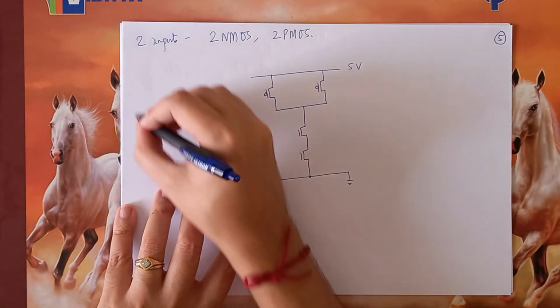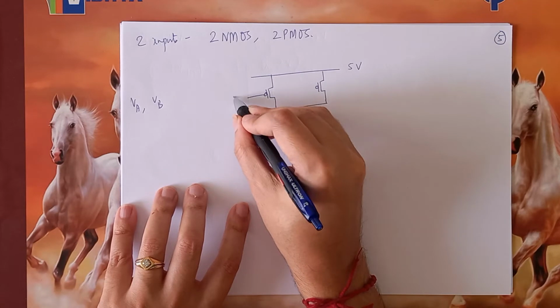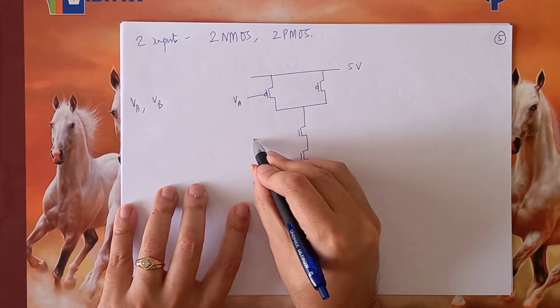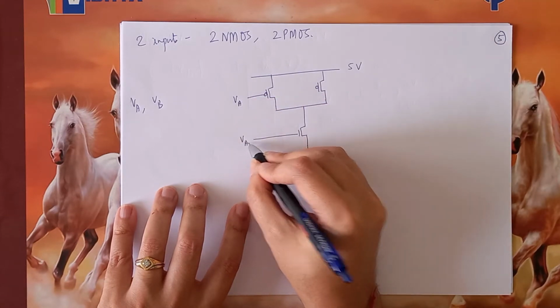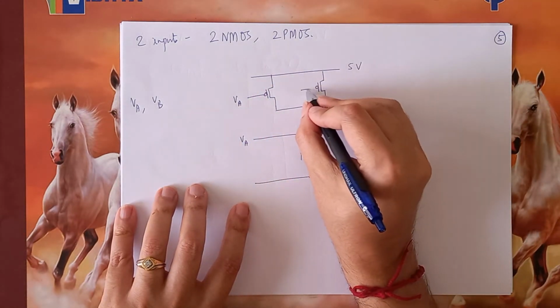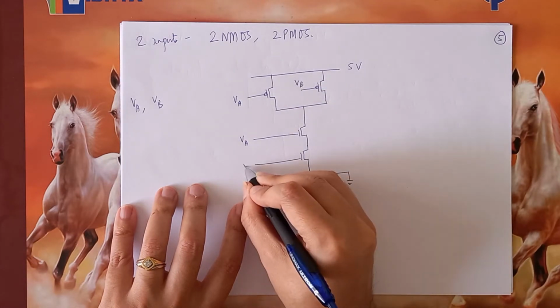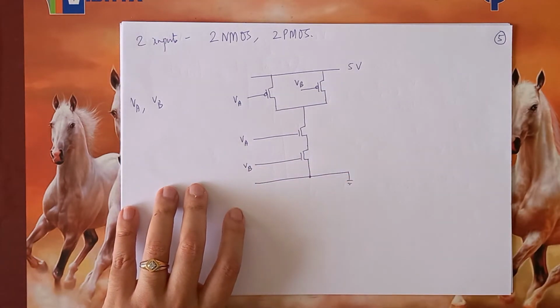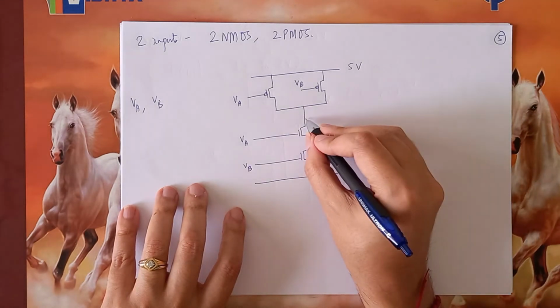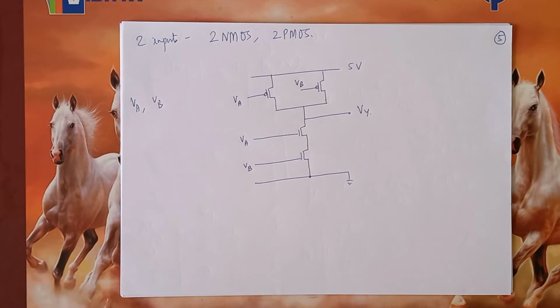Let us say I have two inputs VA and VB. This is VA and this is also VA, so each input will go to one NMOS and one PMOS. This will be VB and this will also be VB. And the junction between the NMOSs and PMOSs will be my VY.